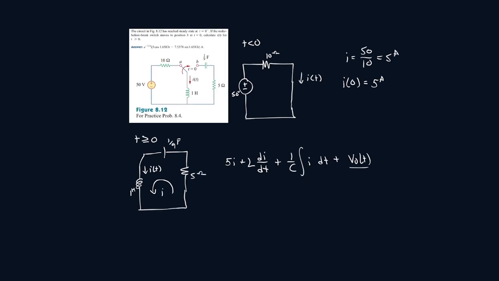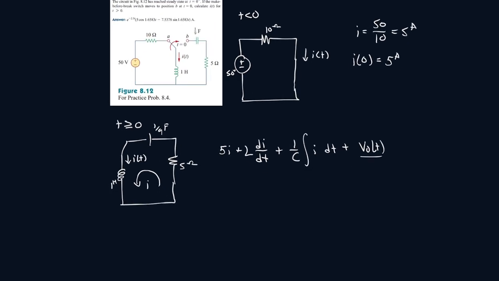So I want to get rid of this integral, so I'm going to differentiate this whole thing. So this is 5 di over dt plus L d squared I over dt squared plus 1 over C times I. And obviously this cancels out because that's a constant.